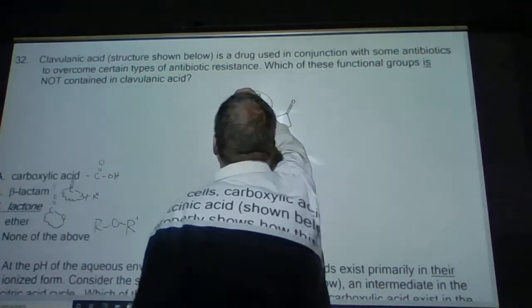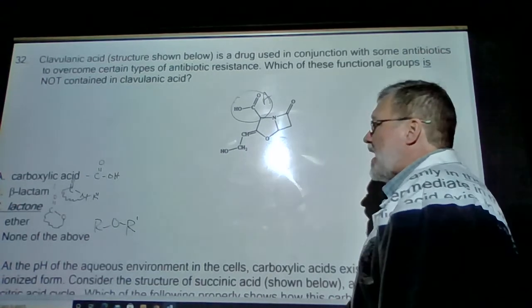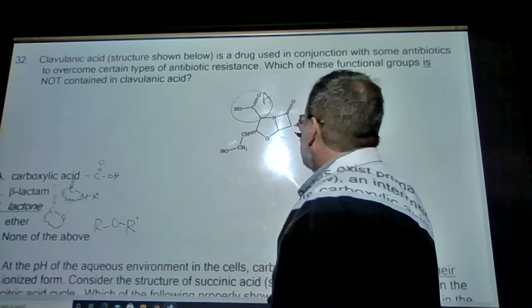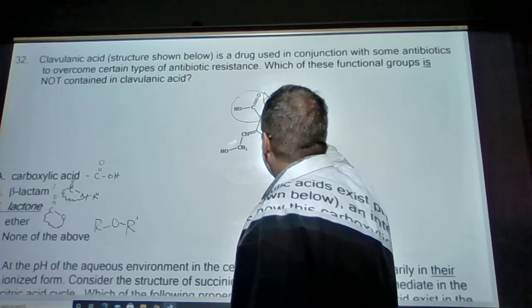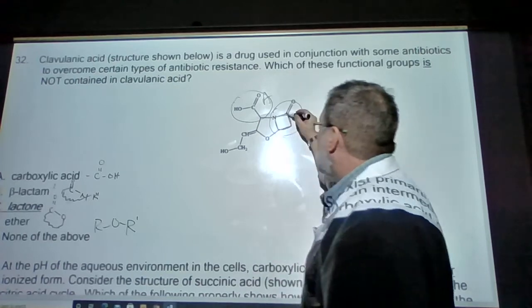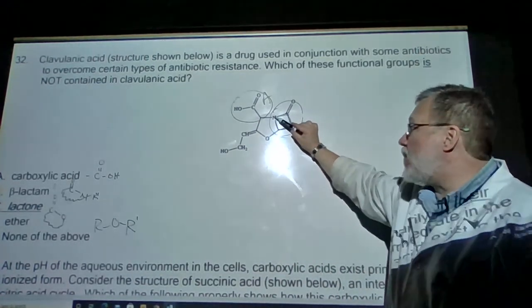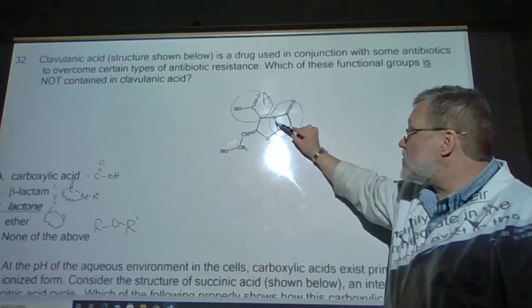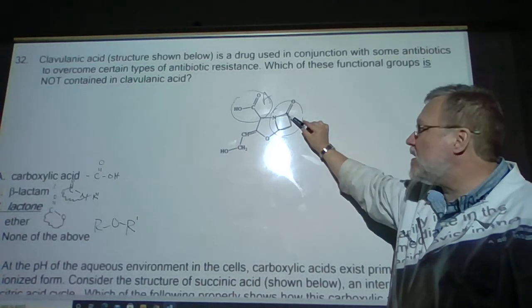Yes. Carboxylic acid, A. Do we have a beta-lactam? Here is your beta-lactam, your C double bond O connected to your nitrogen, which ultimately cycles back around. There's your C double bond O bonded to your nitrogen. Your nitrogen ultimately circles back around to get back to your C double bond O.